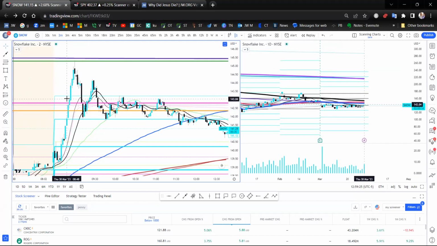So I can understand wanting to take some here in the 142, 143 range just because of the algos, but at the same time, you absolutely know that they can get up to the $5 increment, because again, your ATR on Snow is right around $6 or $7. Okay, our average ATR right here, yeah, $6-7.